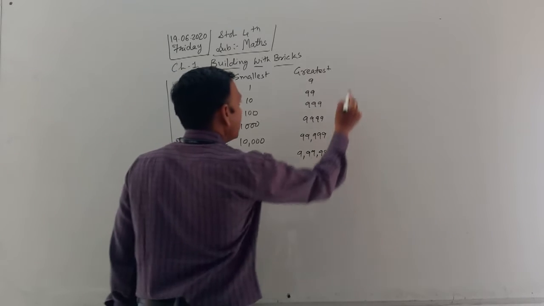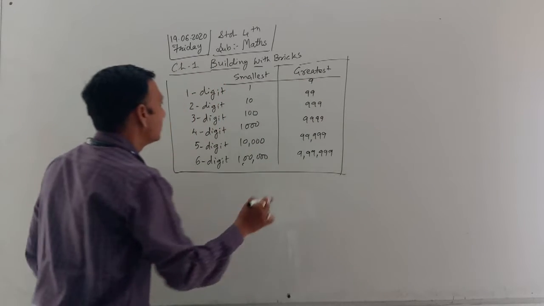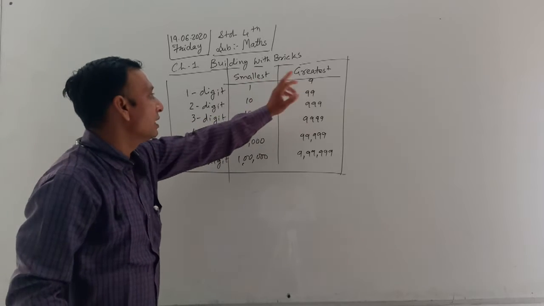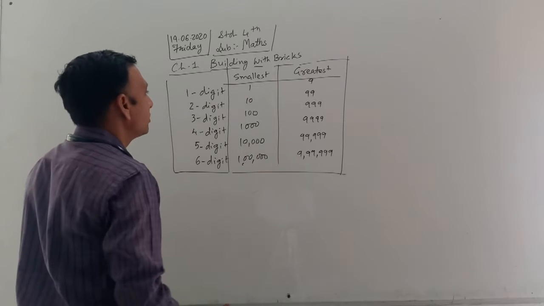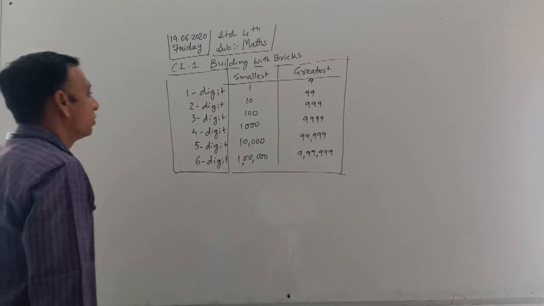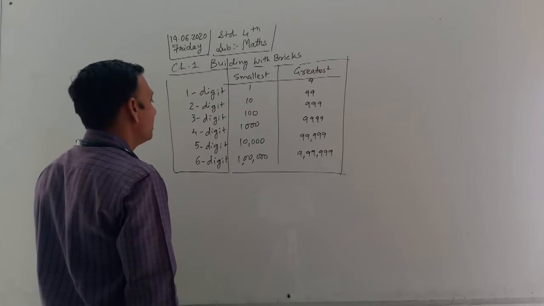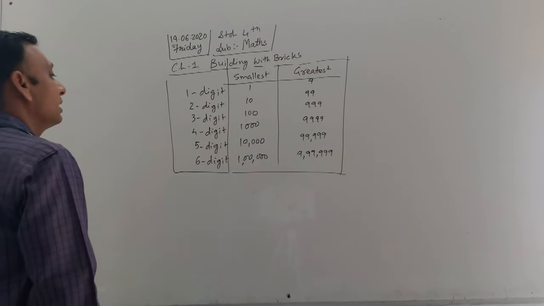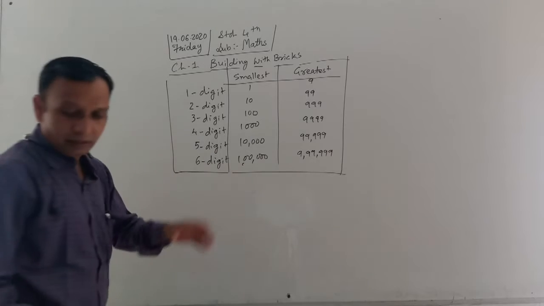Now this one we have earlier discussed and I have explained it. 1 digit: 1 smallest and greatest 9. 2 digit: 10 smallest and greatest 99. 3 digit: 100 smallest and greatest 999. 4 digit: 1000 smallest and greatest 9,999. 5 digit: 10,000 smallest and greatest 99,999. 6 digit: 1 lakh smallest and greatest 9,99,999. So this was our revision portion.